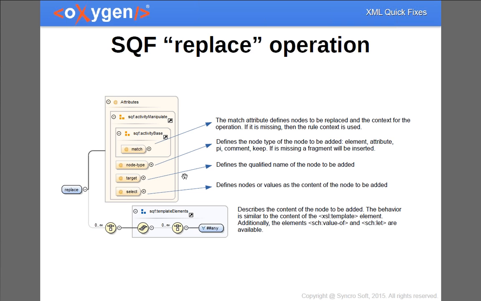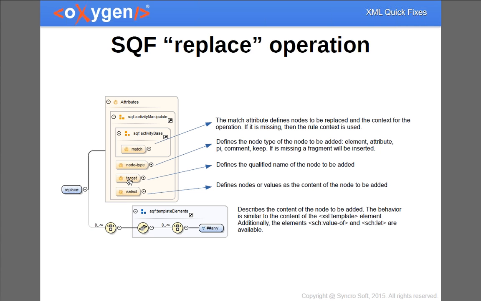So the structure of the replace operation is similar to the add operation. It doesn't have the position attribute because the replaced node will be the matching node. So the match attribute determines the node to be replaced. Then we have the node type, which represents the type of node that you want to add.